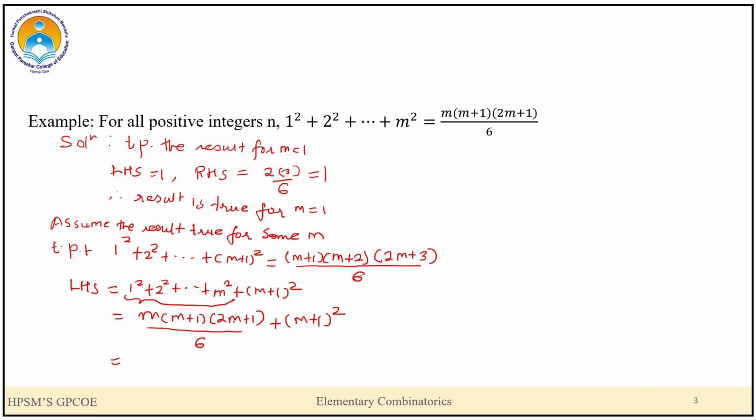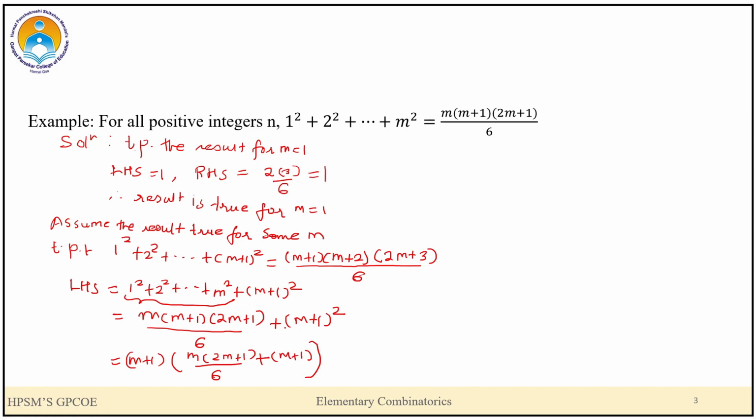First of all, you will see that in both the terms m plus 1 is common. So let us write it outside. We have m plus 1 into m into 2m plus 1 divided by 6 plus m plus 1. We'll solve this further.